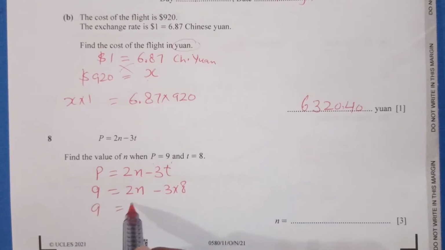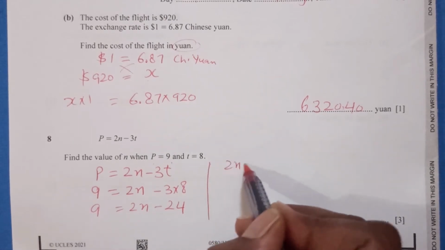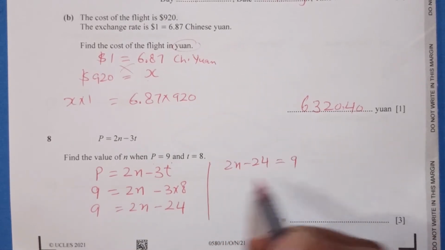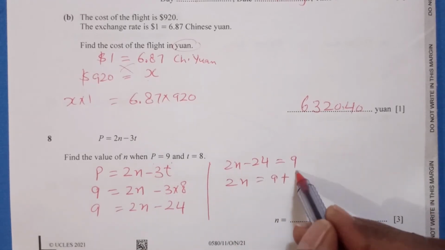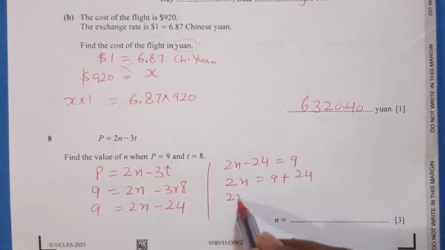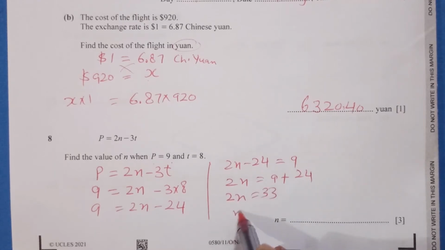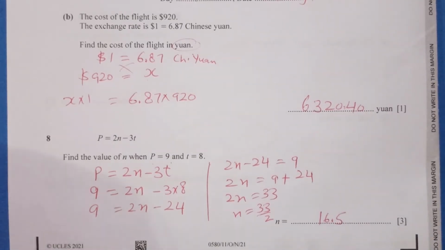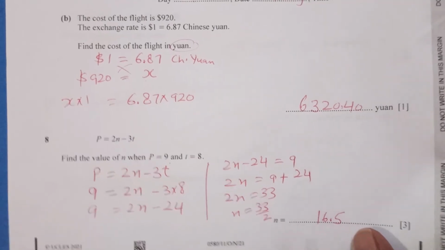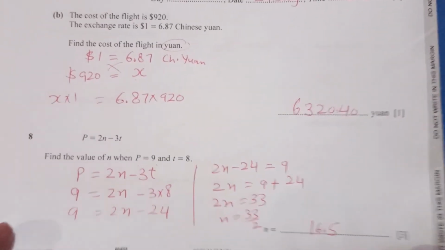So 9 equals 2n minus 24. 2n minus 24 can be written as 9. 2n equals 9 plus 24, which is 33, and n will be 33 over 2, which is 16.5, right? So that was question number 8. Let's move to the next question.